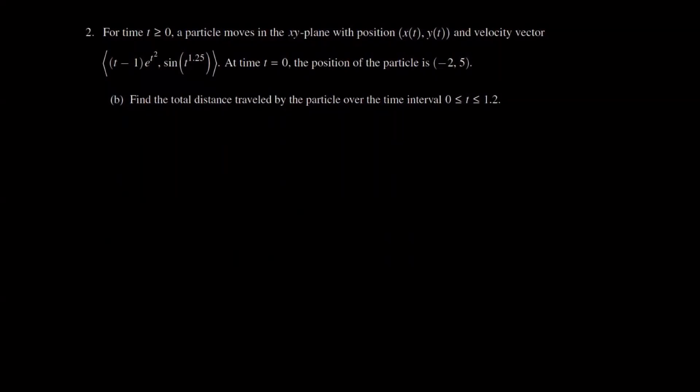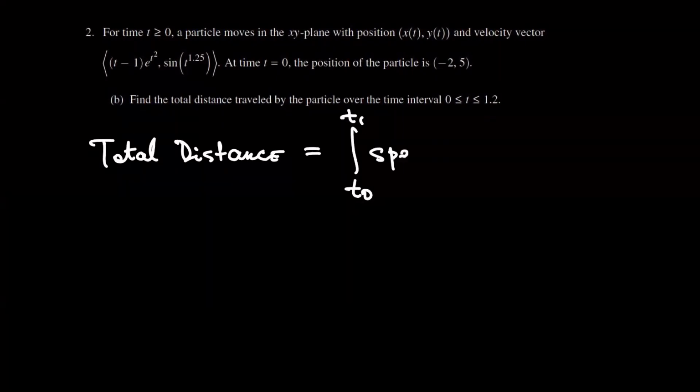In this question, we need to find the total distance traveled by the particle over the time interval from 0 to 1.2. The total distance traveled by the particle between time t0 and t1 is equal to the integral of speed as a function of time, dt.